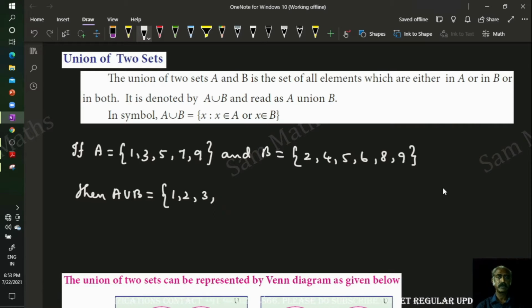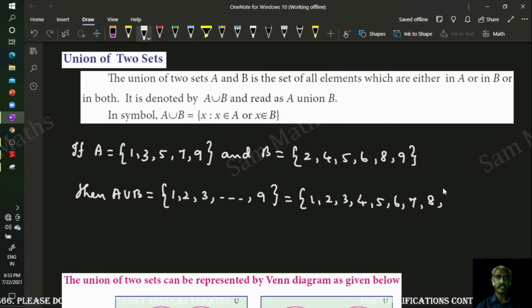So I can write etc. 9. Or otherwise, you can write all the entries 1, 2, 3, 4, 5, 6, 7, 8, 9. But the basic condition is we are not supposed to repeat the entries.